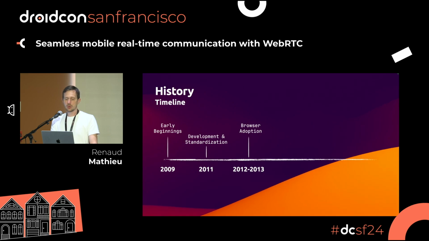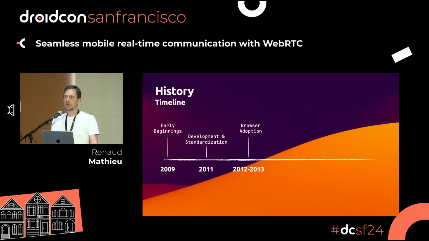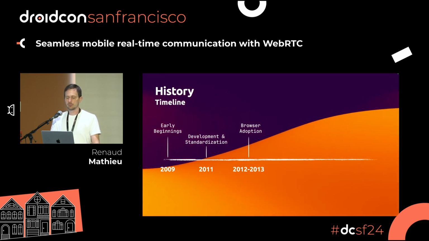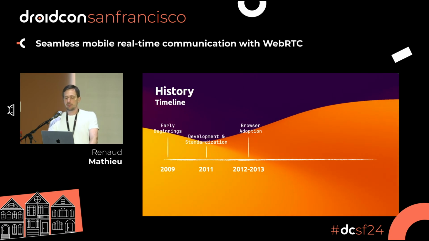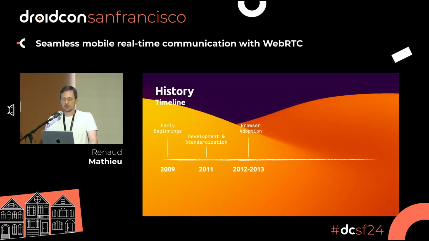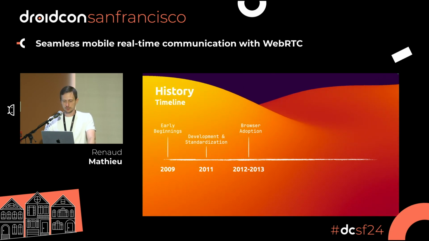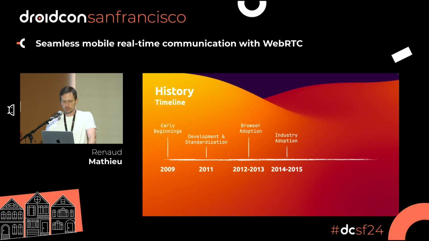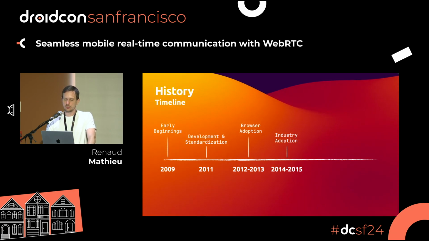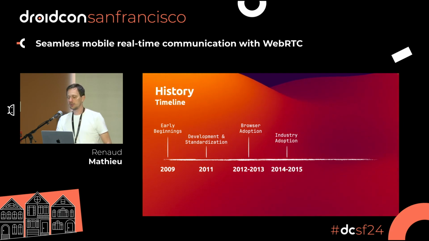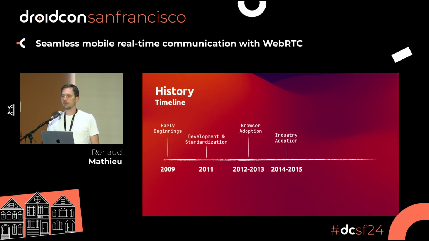2012, Mozilla and Google started implementing WebRTC within their browsers, Firefox and Chrome. This period marked the beginning of practical experimentation and usage of WebRTC in real-world applications. 2014, WebRTC gained traction in the industry, with various startups and established companies integrating it into their products for video conferencing, file sharing, or real-time data exchange. 2015, this technology matured with improved stability and performance.